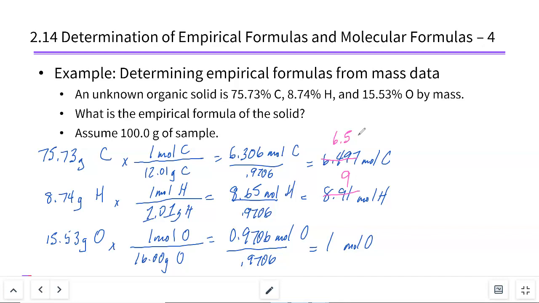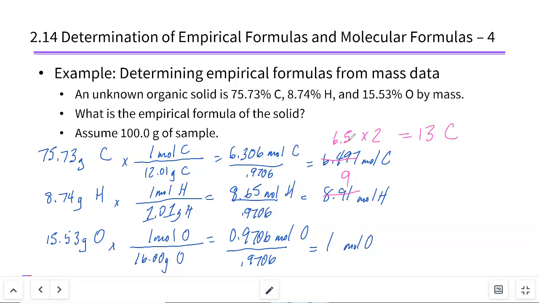It's close enough that that's probably what we're getting after. Now, that still doesn't solve my problem exactly, but it gets us a lot closer. Because now I can look at this and say, okay, I don't have all whole numbers, but I've got close to whole numbers. I've got one fraction I need to get rid of. So to get rid of the half, I need to multiply everything by 2.